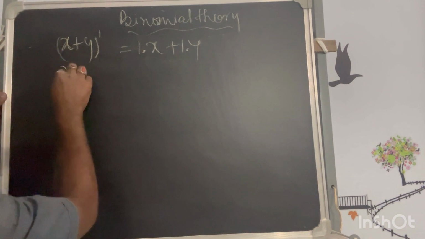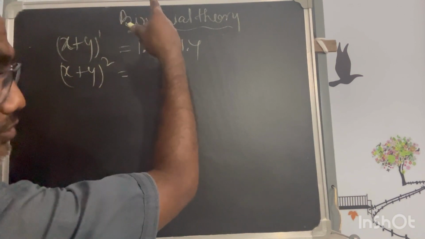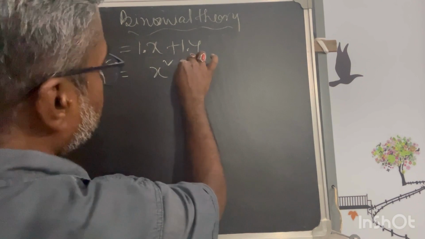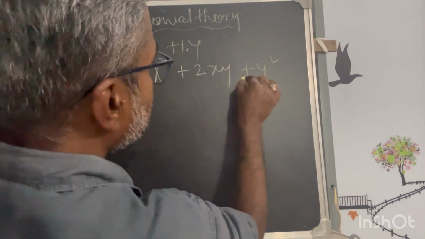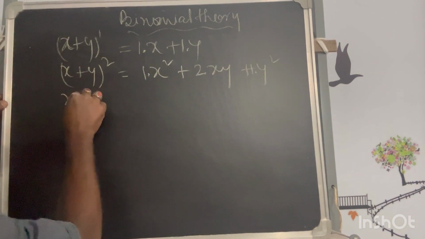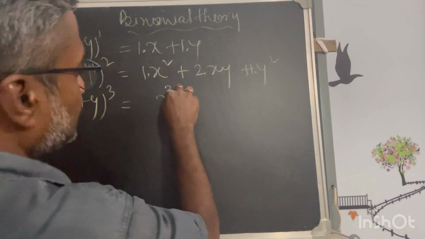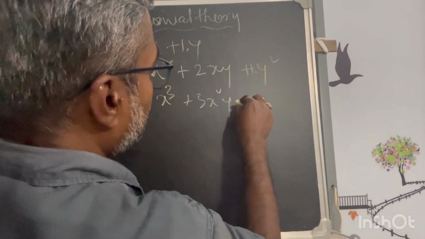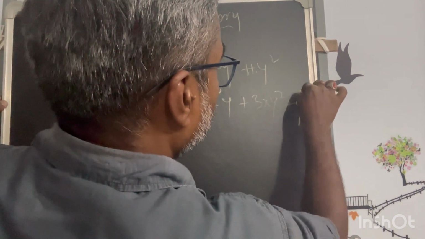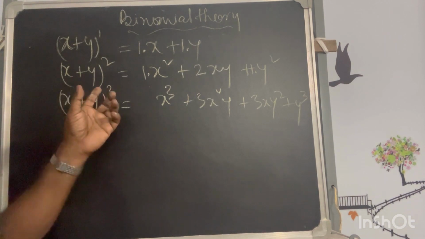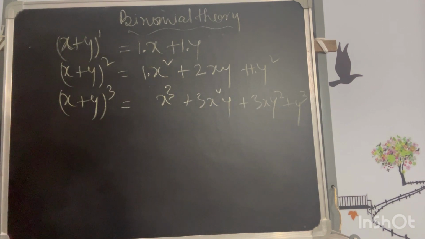Further, to our knowledge, we can extend it: x plus y whole square is x square plus 2xy plus y square, and up to the whole cube we already use in our algebra as a formula. x plus y whole cube or a plus b whole cube, that formula up to this extent we already use directly.